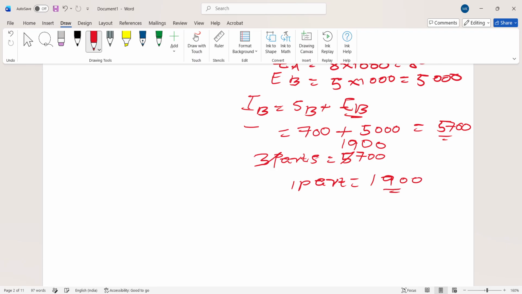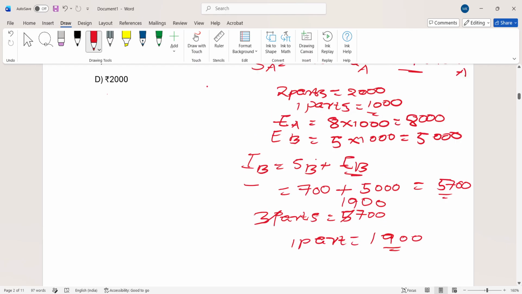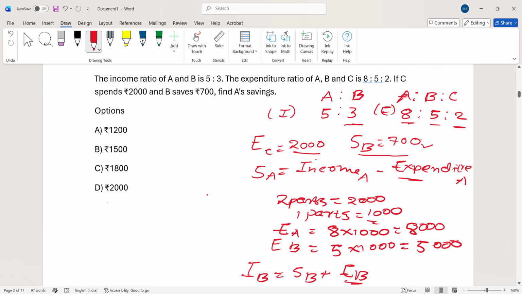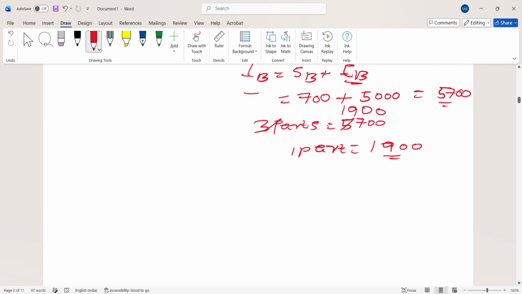So we found the one part, but our main question is to find the income of A. Income of A is how many parts, guys? 5 parts. So very simple. Income is 5 parts, and one part is 1900. So 5 parts is equal to how much? 5 into 1900 gives rise to 9500.